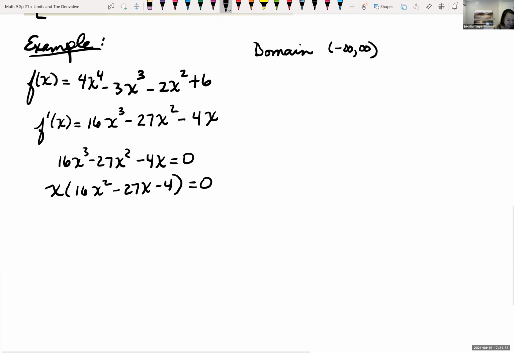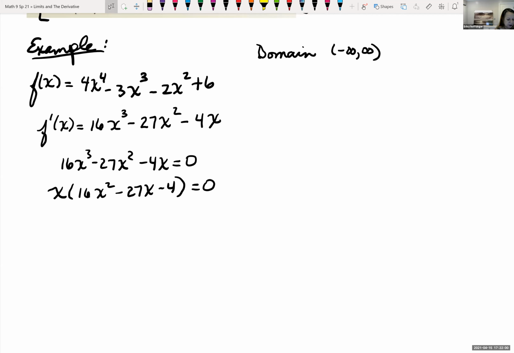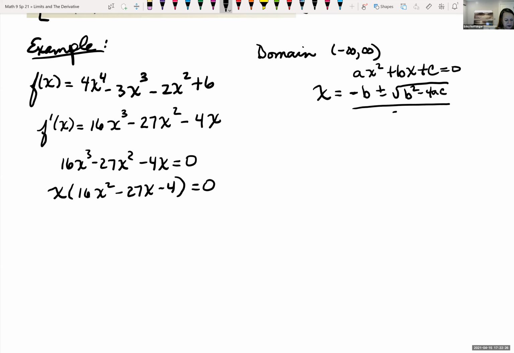Those look like some big numbers in there, but that's probably what I would do, is jump in and use the quadratic formula. So the quadratic formula: if you have a quadratic function, ax squared plus bx plus c equals 0, x is equal to the opposite sign of the coefficient in front of x, so negative b, plus or minus the square root of b squared minus 4ac, all over 2a.